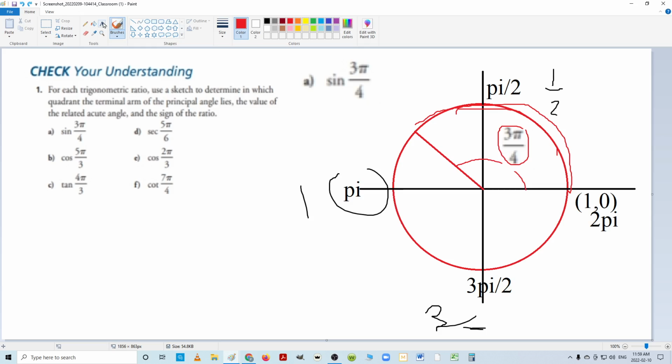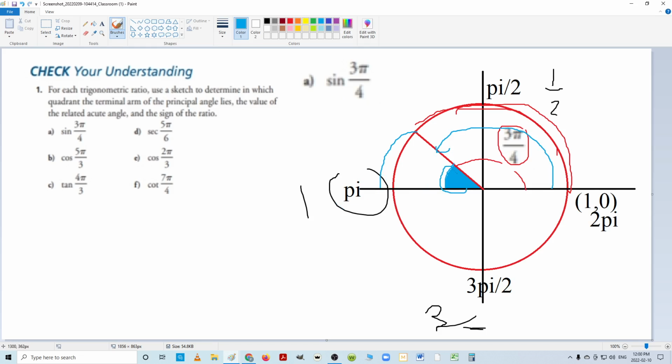The question becomes, what is this angle right here? Even though I know I'm talking about the arc, I'm going to call it an angle. Well, we know that if we would go all the way around, we would reach pi. But we didn't go all the way around. We went to here.